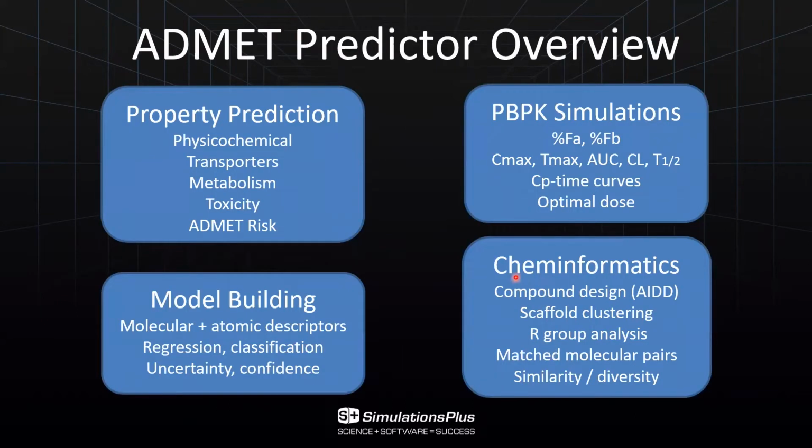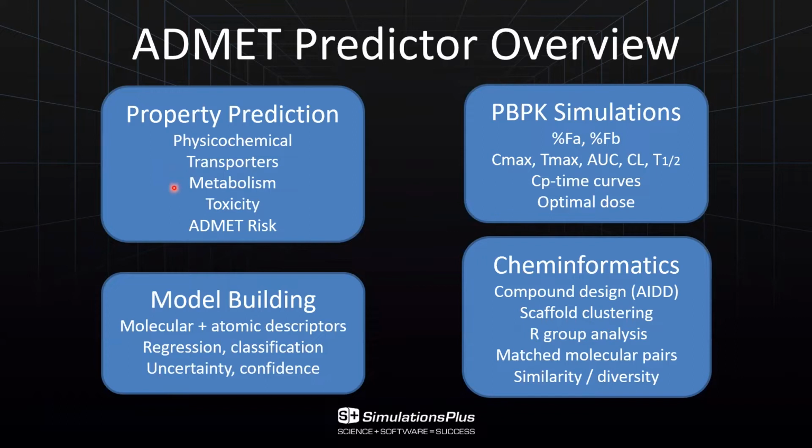Okay, so the functionality of ADMET Predictor can roughly be divided into these four areas. Property prediction includes physicochemical properties like pKa, log D, solubilities, permeabilities, and so on. Substrate, inhibitor, and Km models for 10 key transporters.